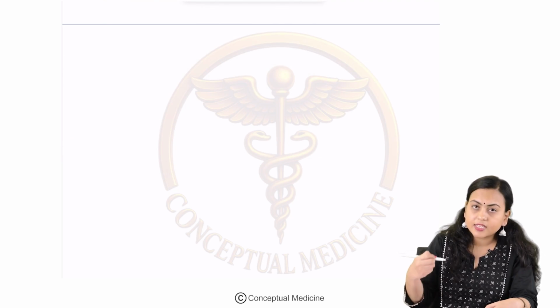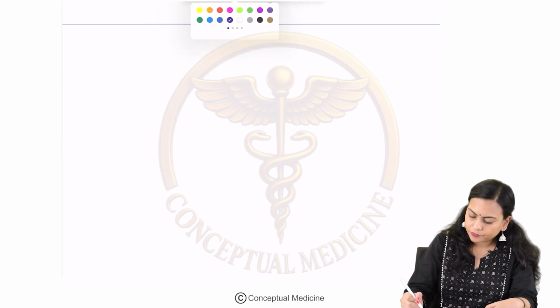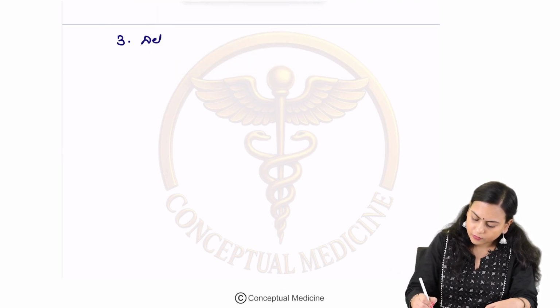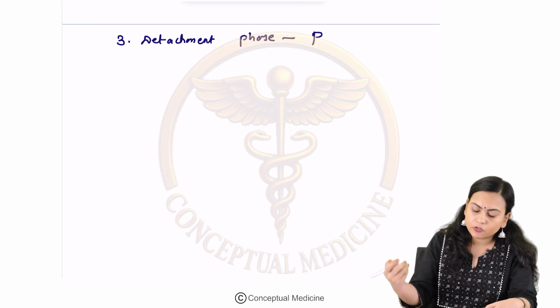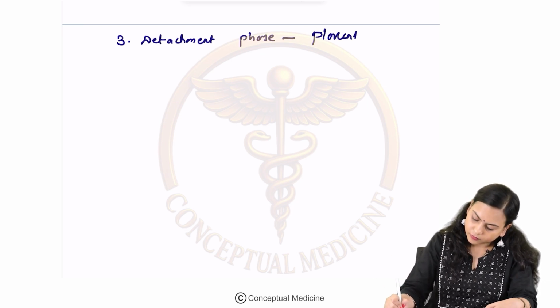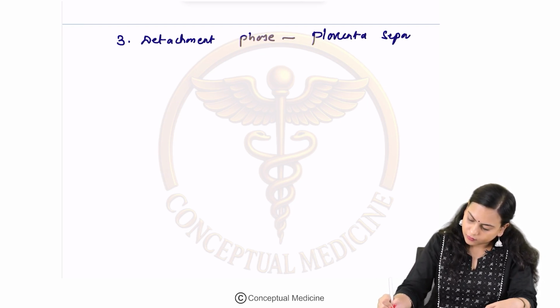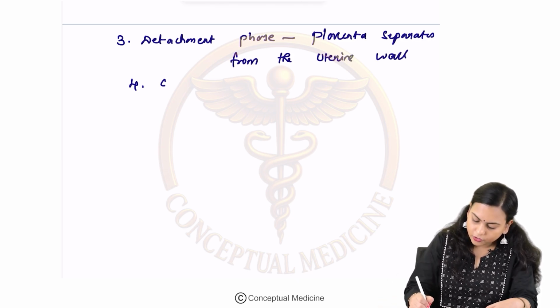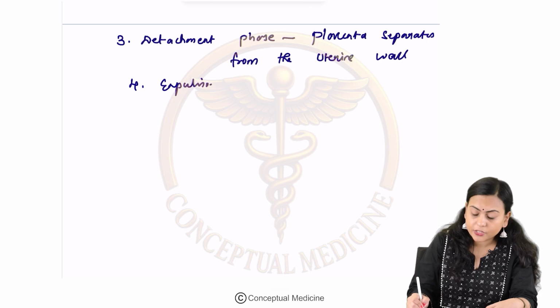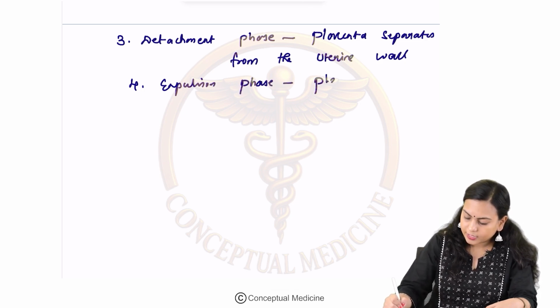Third phase is the detachment phase. Means the placenta is going to separate from the uterine wall. And fourth phase is the expulsion phase. So, placenta is expelled out of the uterine cavity.